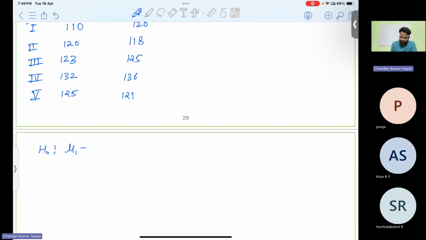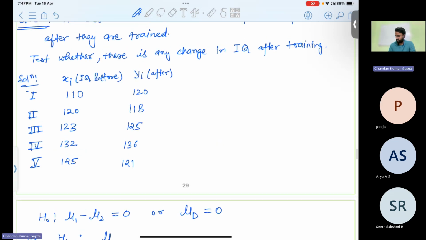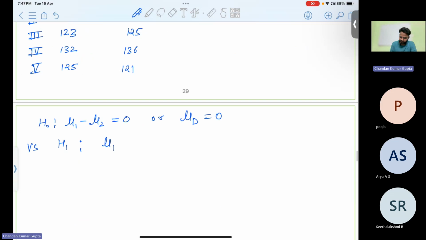That is, H naught: mu1 minus mu2 equal to 0, or mu d equal to 0, against the alternative hypothesis, H1: mu1 minus mu2 is not equal to 0. Okay, so our hypothesis is like this.